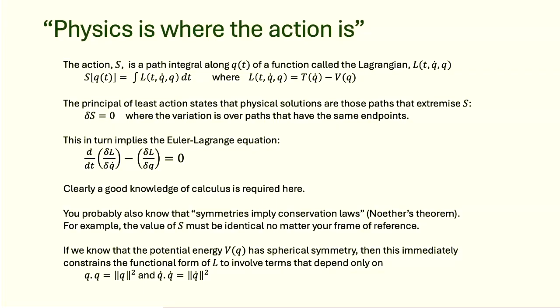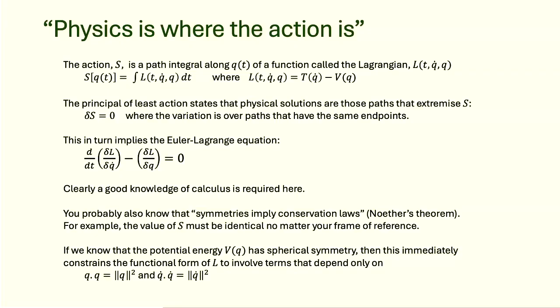If we know that the entire Lagrangian has to be invariant with respect to those spherical symmetries, it tells us that the only terms that can be present are those that depend on the magnitudes of our vectors.